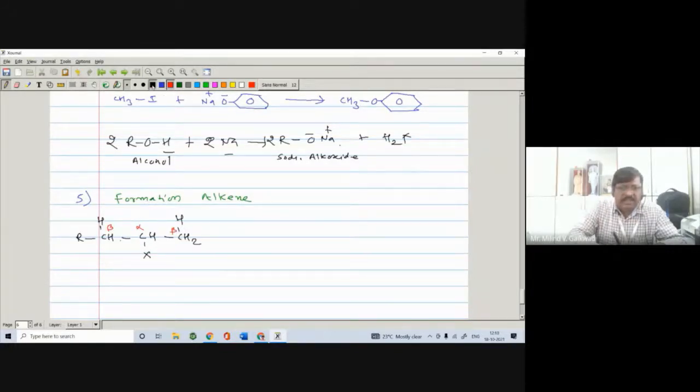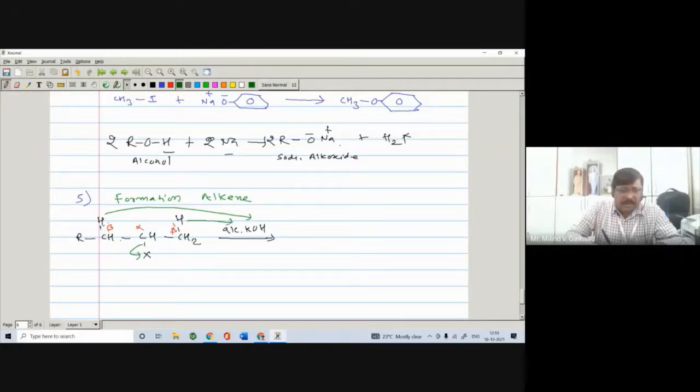When this compound reacts with alcoholic KOH, then what happens? The bond between C alpha and X undergoes breaking. X negative, C positive, and this base may abstract either this beta hydrogen, and for understanding we can say this is your beta dash hydrogen. It can also abstract this beta dash hydrogen, right?